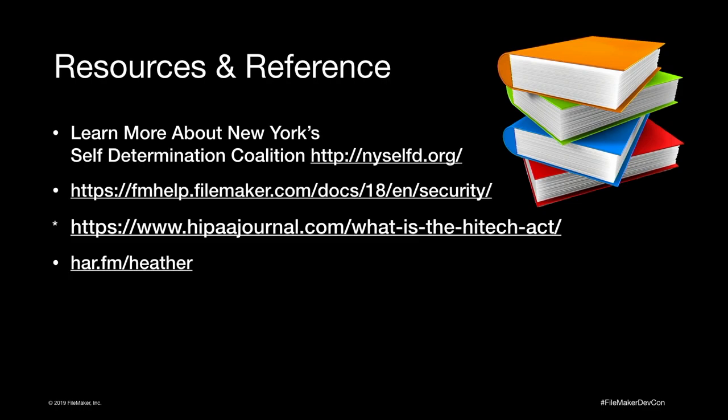FDA Part 11 boils down to the electronic signature. That's the bulk of it. But to do all the things that those steps require, all the security, audit logs, and a lot of other technical things, we've got to put into place.